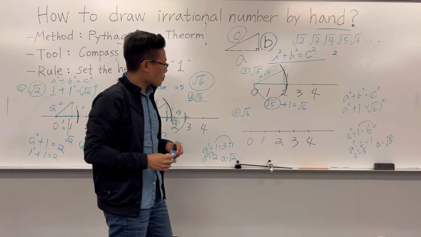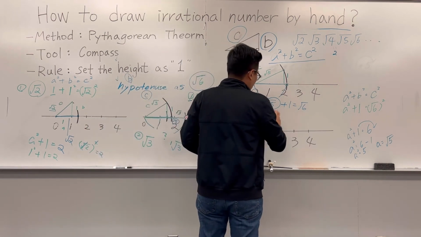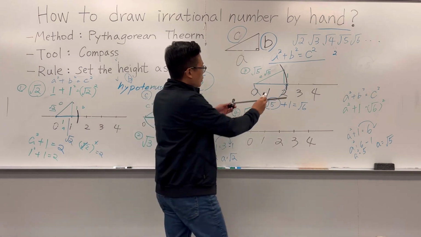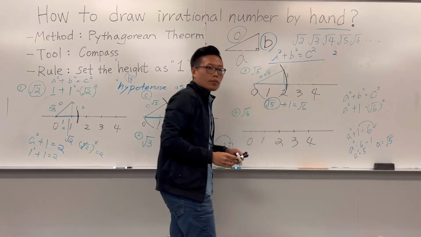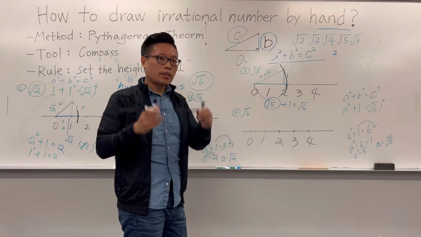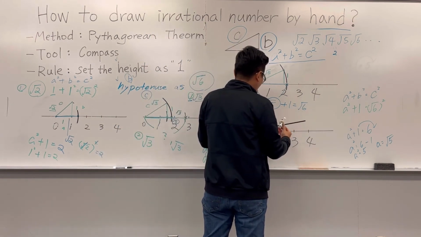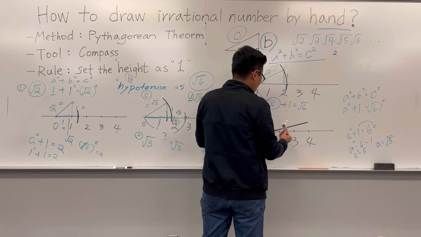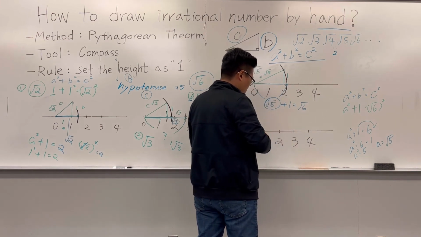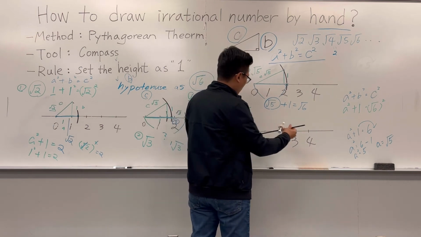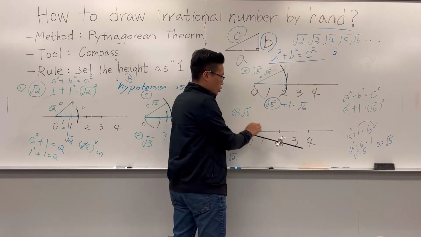We just have the square root of 5 on my compass, so I am going to use this compass to find the square root of 5 on the number line.